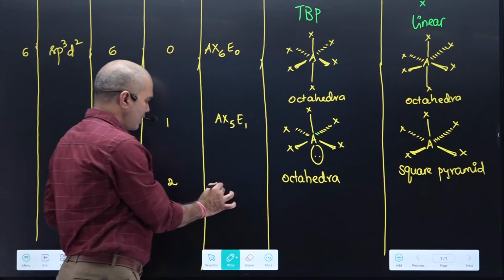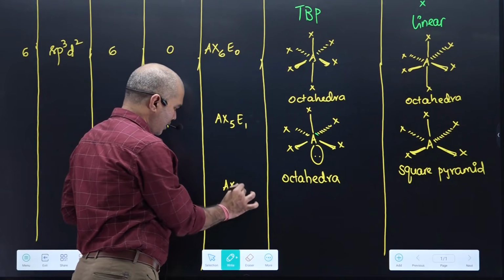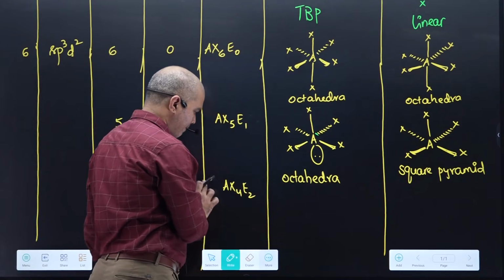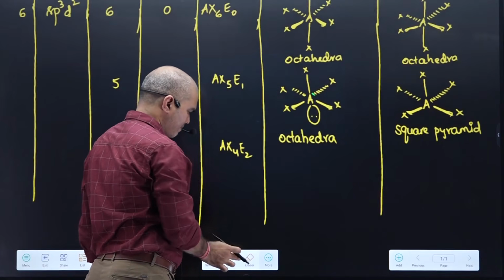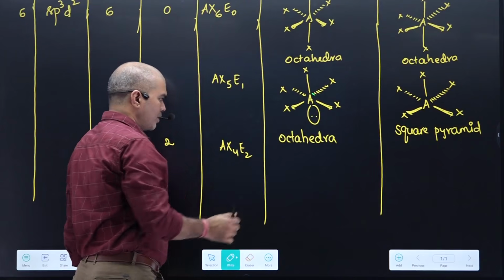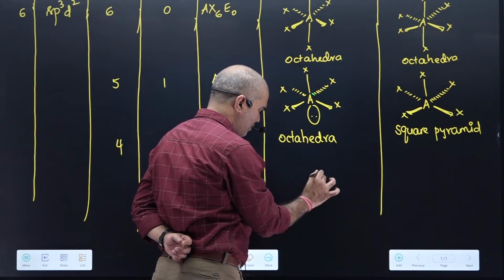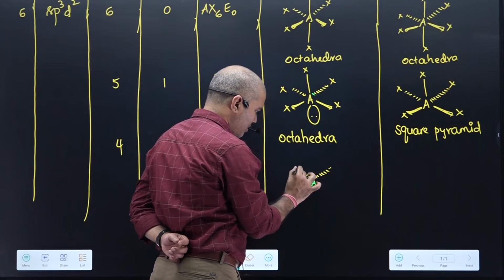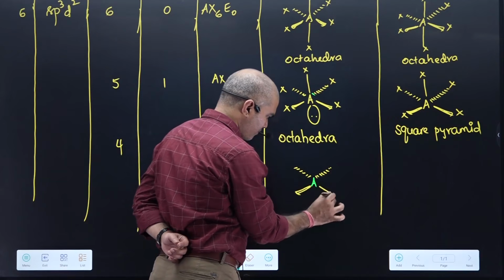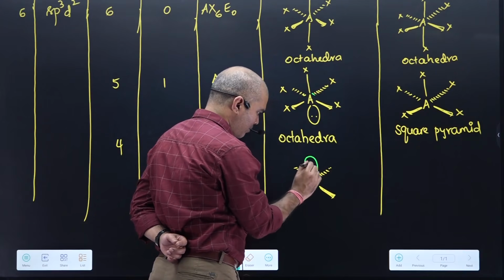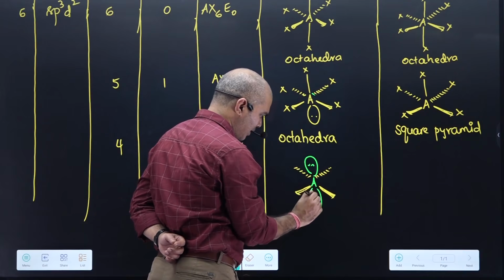Now the 4-2 combination, AX4E2. Where should I put the lone pairs? They should have maximum separation so that repulsions will be least. Maximum separation means if I put one above, I put one below, both anti to one another.